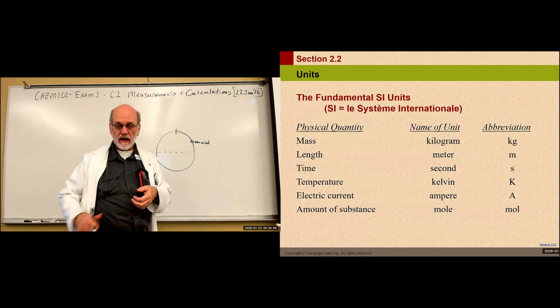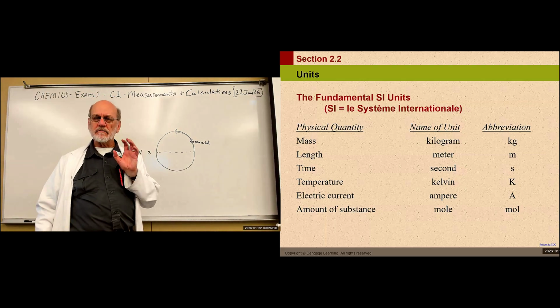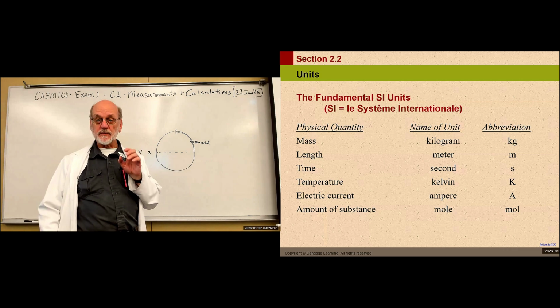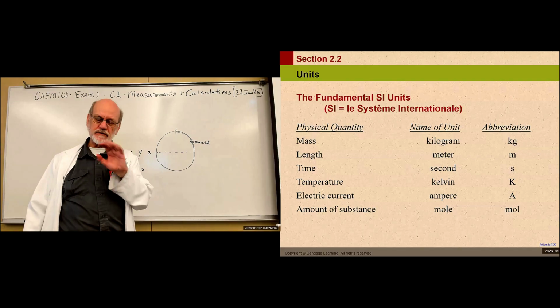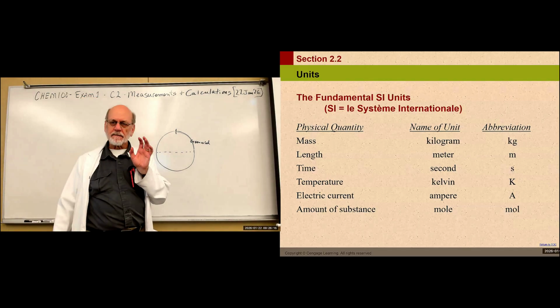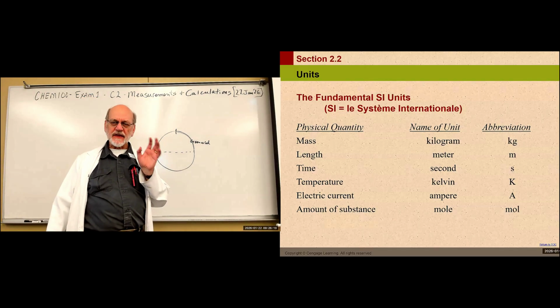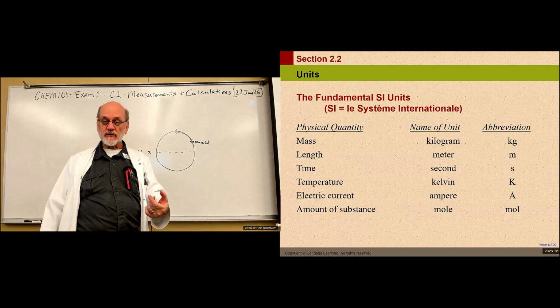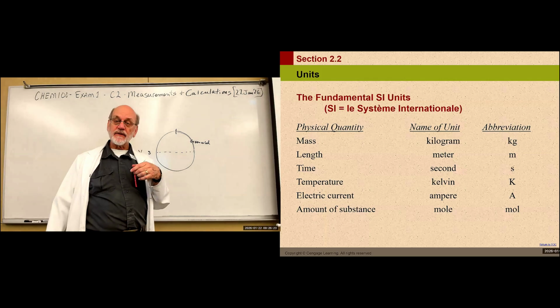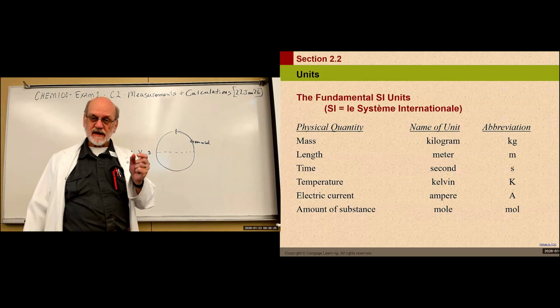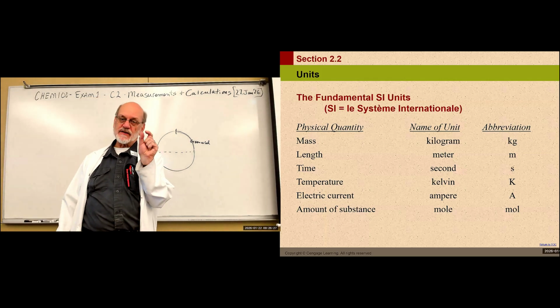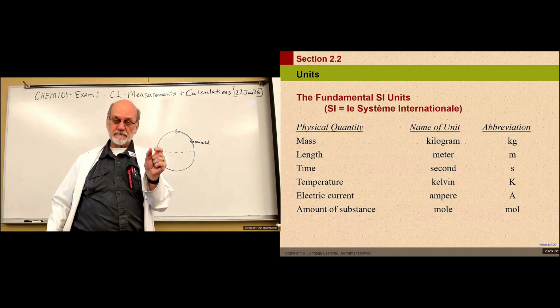Temperature required some fancy footwork, so to speak. And we're going to talk about temperature in just a few minutes in more detail. But the Kelvin is the standard temperature unit. As it happens, the Kelvin unit is the same size as the Celsius unit.